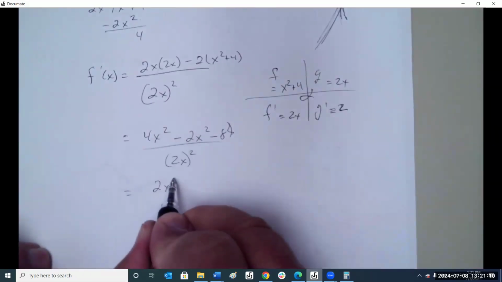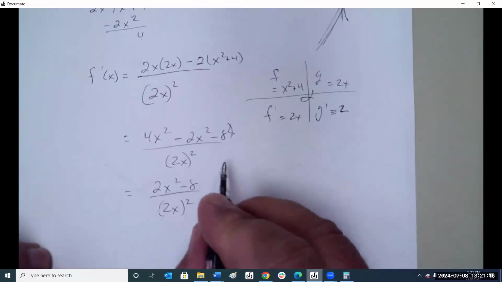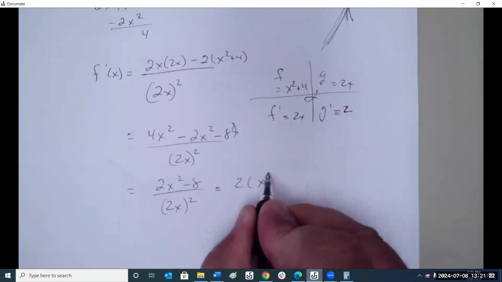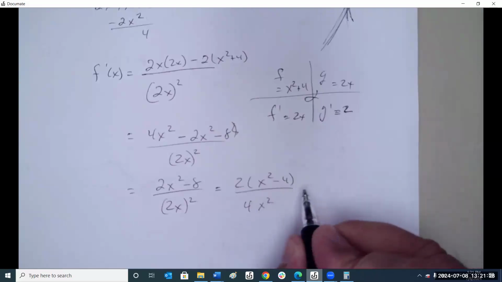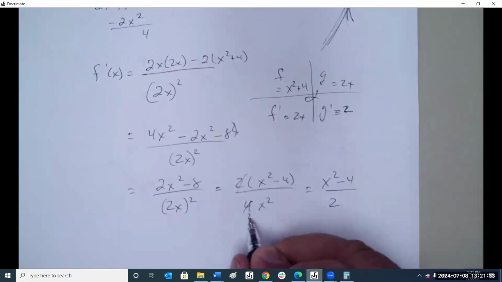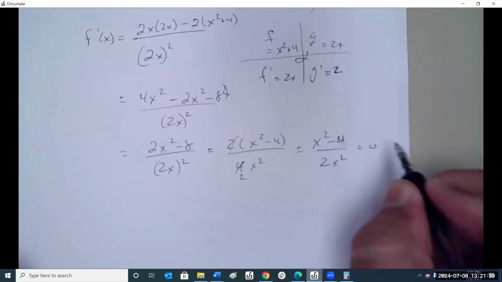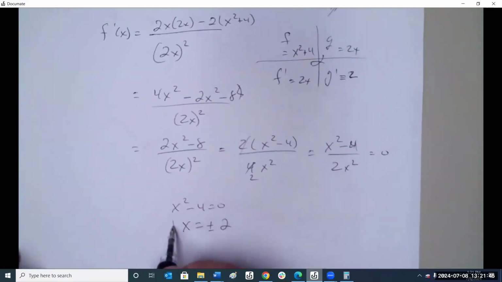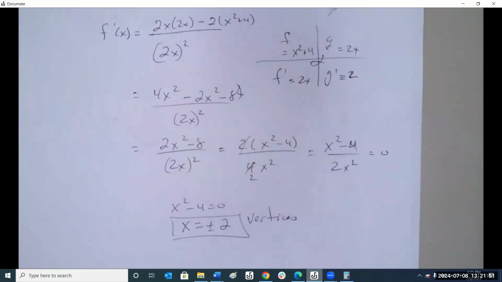Four minus 2 is 2x squared minus 8. x squared minus 4 over 2x squared. Set that equal to 0. x equals plus or minus 2. Those are my vertices.